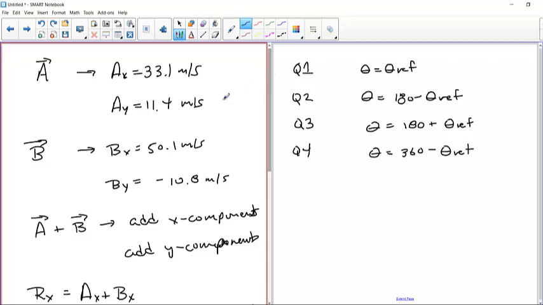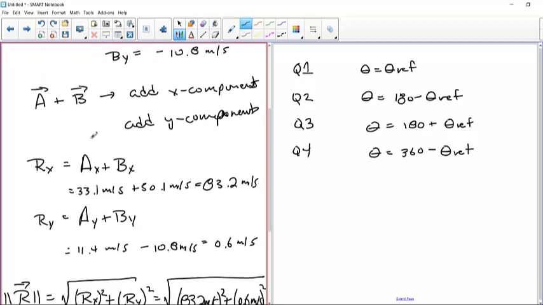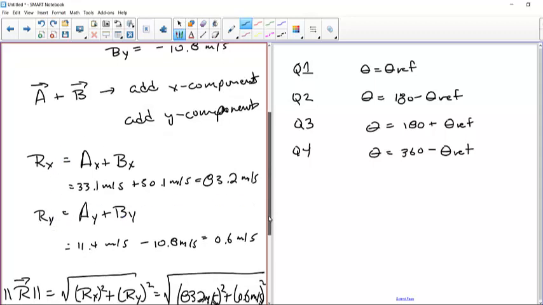So that's how you handle vectors. If you're given the magnitude and direction of a vector, you have to break it up into the components, which are scalars. To add two vectors, you add the x components of the vectors and the y components of the vectors. That gives you the x and y components of the resultant vector.